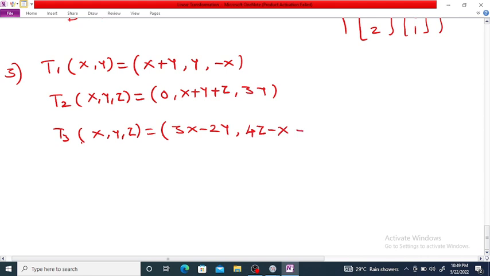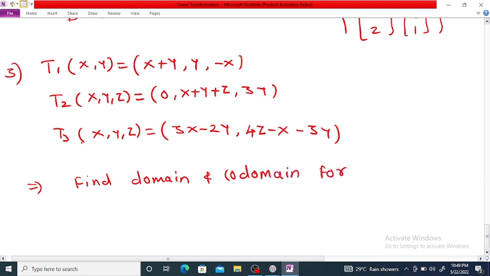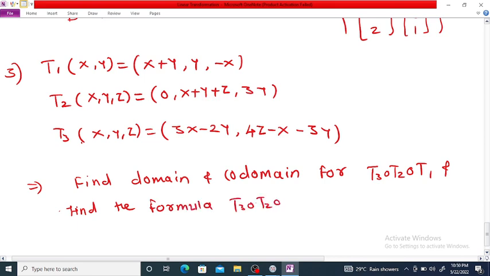And the question is, find the domain and codomain for T3 of T2 of T1, and also find the formula for T3 of T2 of T1 of (x, y).